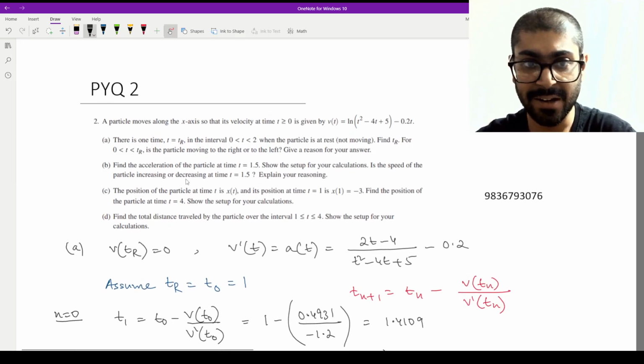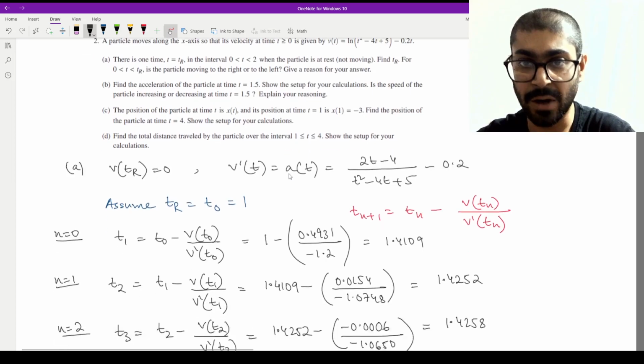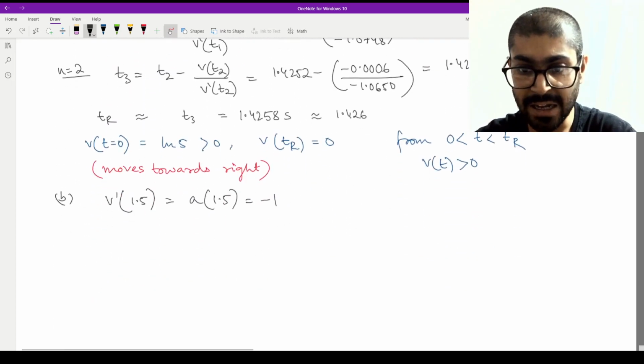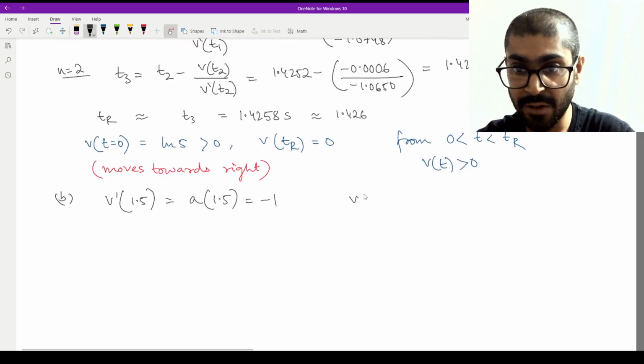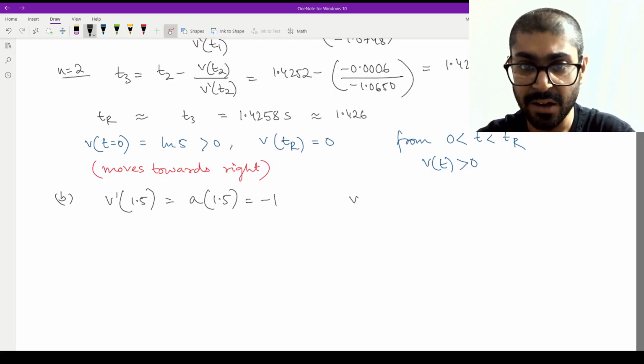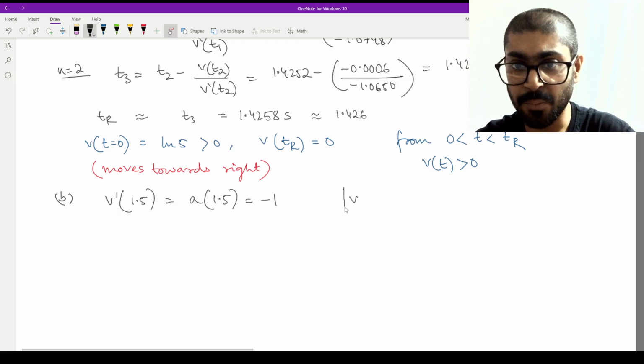Is the speed of the particle increasing or decreasing at t equals 1.5? So at t equals 1.5, is the speed increasing or decreasing? We would have to calculate v of 1.5. So v of 1.5, they are asking us the speed, right? So we would calculate the modulus of v of 1.5.